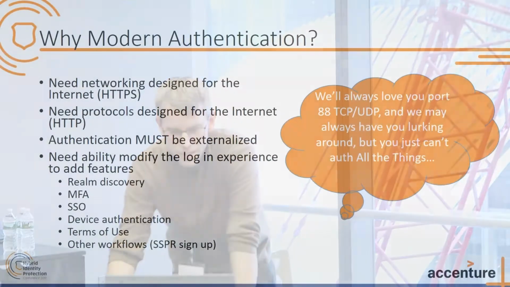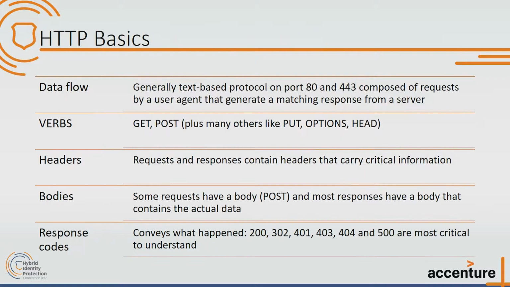And all these other things you want to be able to do, like the captive SSPR sign up, so many different things that you want to put into the authentication workflow, that you need some flexibility around how you can do that. The HTTP stuff is not necessarily perfect, but it's a great way of being able to decorate the authentication process with all this stuff. Okay, so that's it on modern auth.